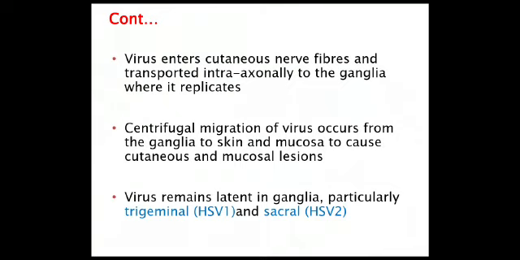From the ganglion, centrifugal migration of the virus occurs to the skin and the mucosa to cause the cutaneous and mucosal lesions. The latency of HSV1 and HSV2 differs: HSV1 has latency in the trigeminal ganglion and HSV2 in the sacral ganglion.